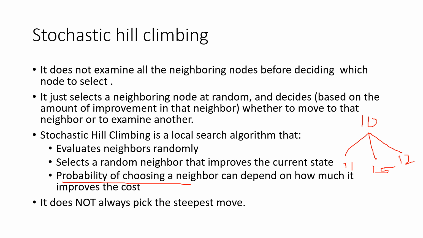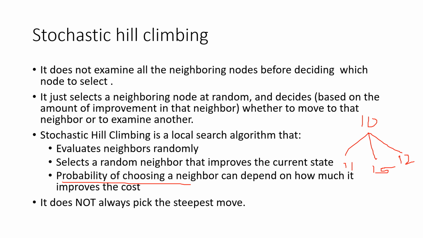So we can say that it evaluates neighbors randomly and selects a random neighbor that improves the current state. The probability of choosing a neighbor depends on the improvement, and it does not always pick the steepest move. So this randomness can help escape local maxima where simple or steepest ascent hill climbing might get stuck.